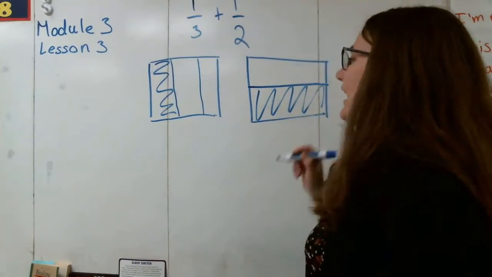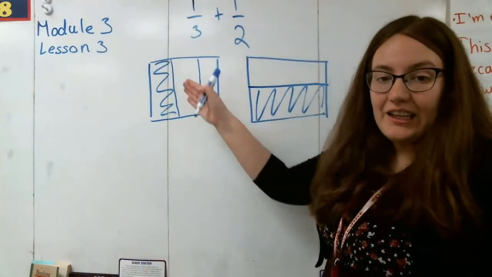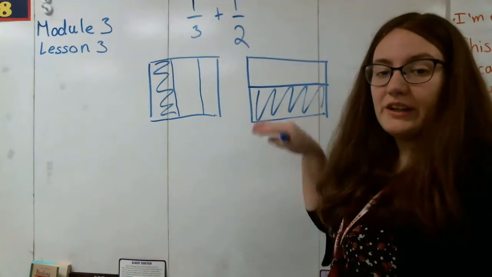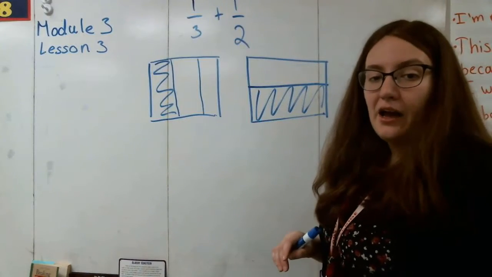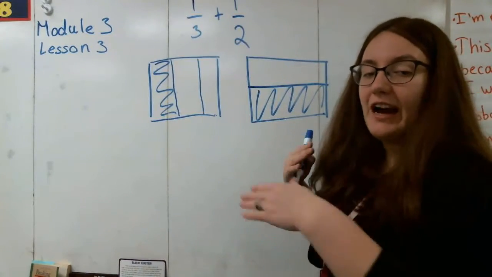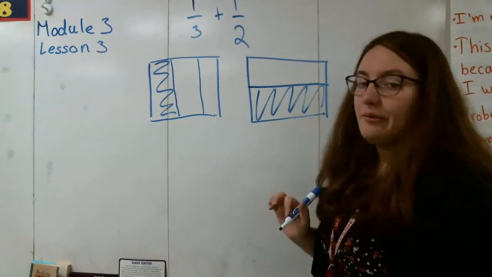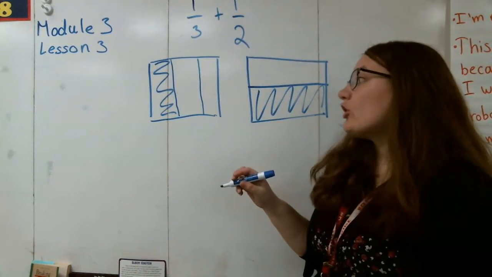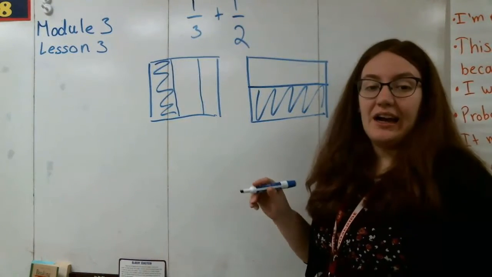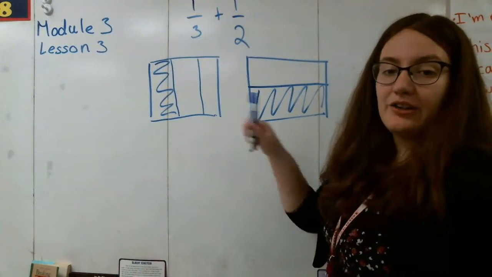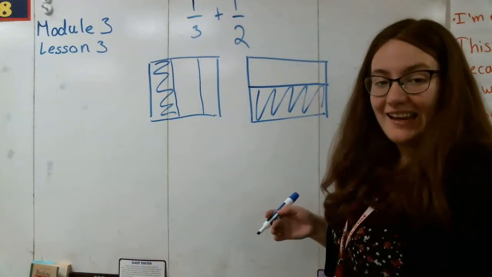And the reason why I do it like this, where I cut one vertically and one horizontally, is because that kind of helps me create those equivalent fractions later on when I draw my models. So what I need to do is I need to make both of these models basically look exactly the same.